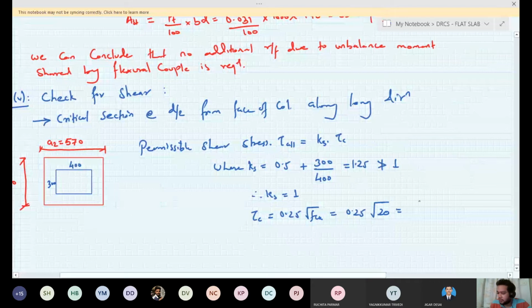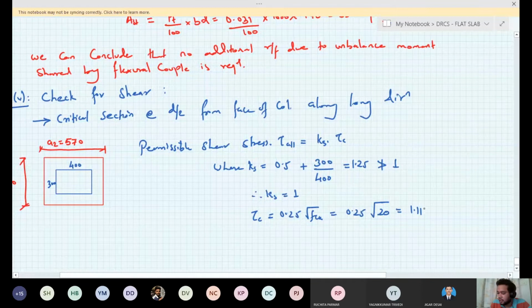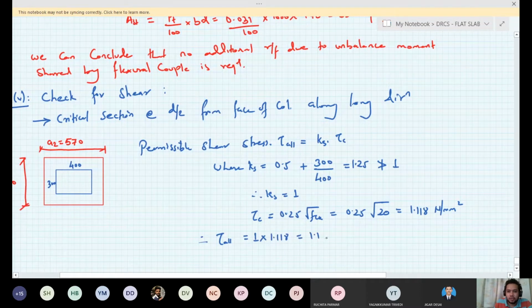It will be 1.118 Newton per mm square. So you can have the value of permissible shear stress tau allowable is equal to 1 into 1.118, so it will be 1.118 Newton per mm square. This is the permissible stress.